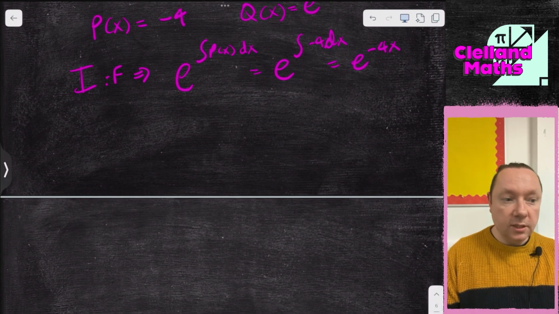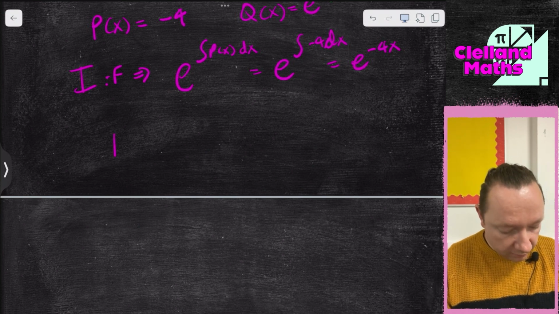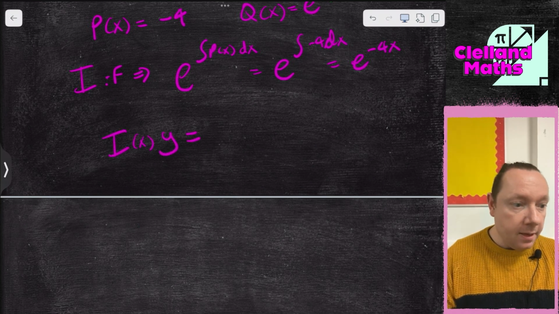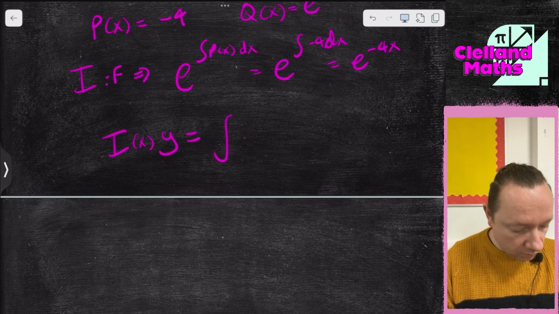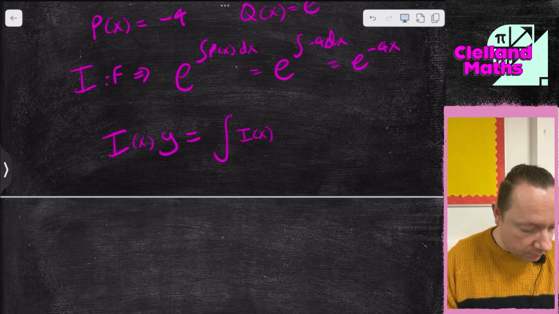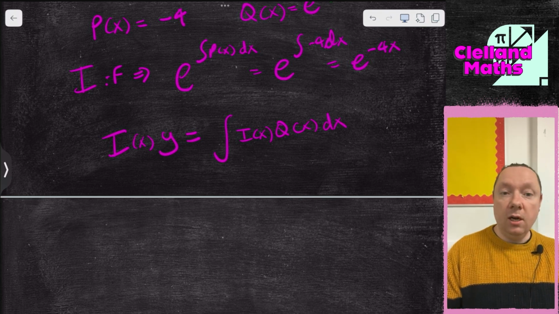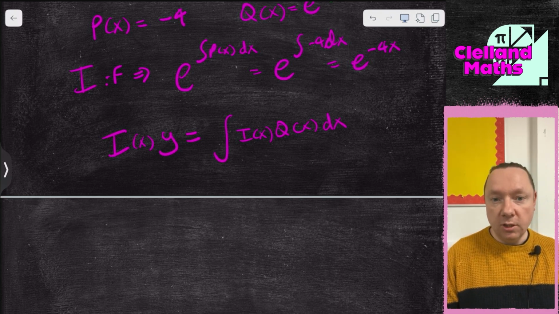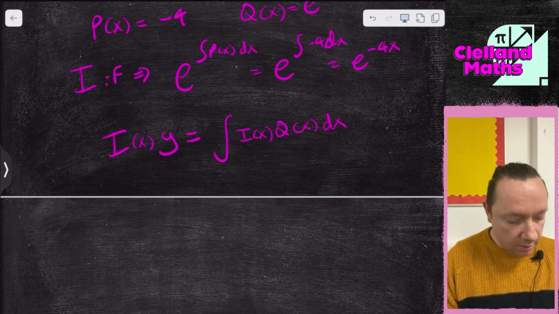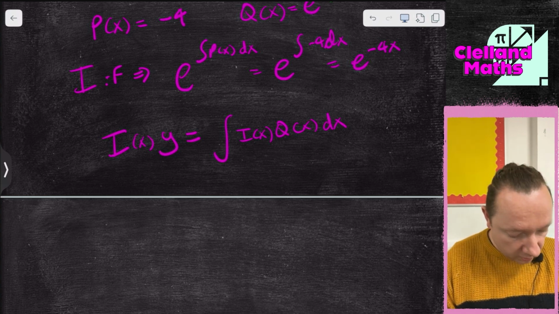So like I say, I'm just going to use this handy shortcut, which is that if you take your integrating factor and times by y, that equals the integral of your integrating factor times by q dx. So that's a shortcut, or you can do it by reversing the product rule essentially. But the integrating factor is e to the minus 4x.